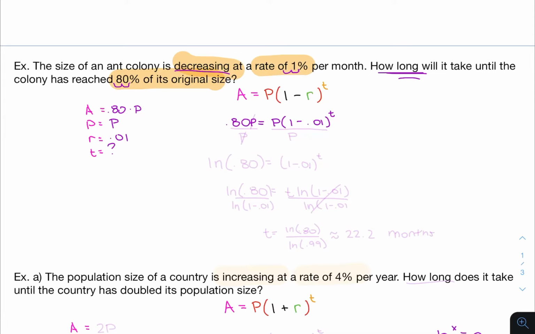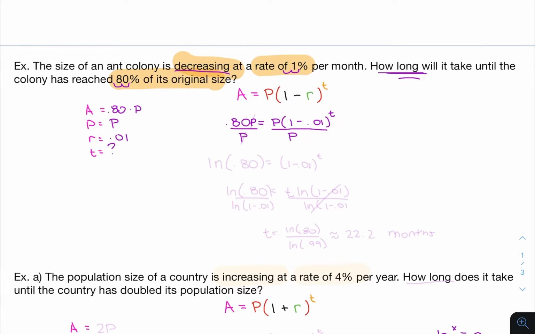We can go ahead and solve for this. Since we have a p in front, we want to get rid of the p before we start solving for t. So we can divide both sides by p to get this term by itself.